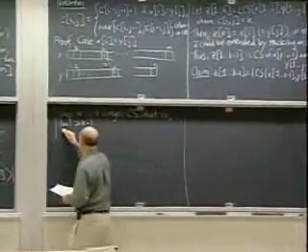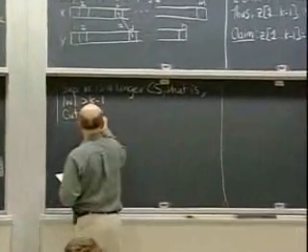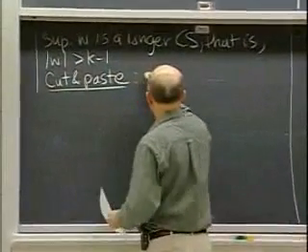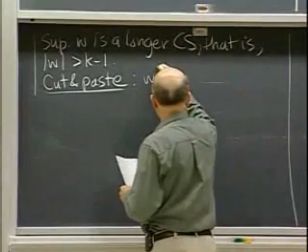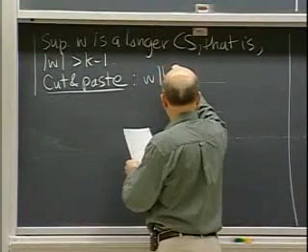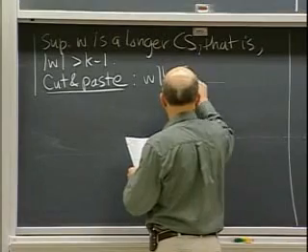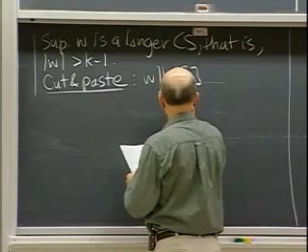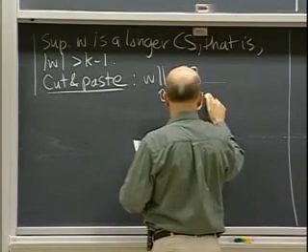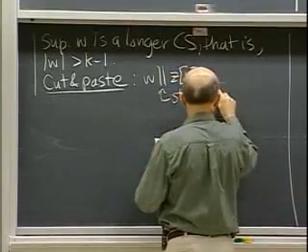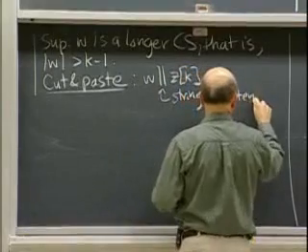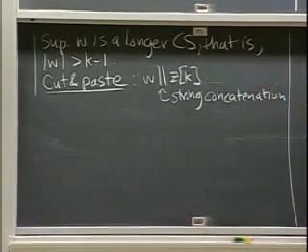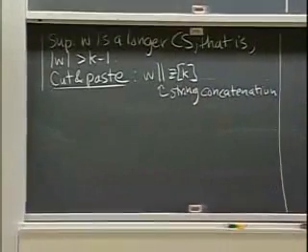It's called a cut and paste argument. So the idea is, let's take a look at W concatenated with that last character, z of k. That's just my terminology for string concatenation.